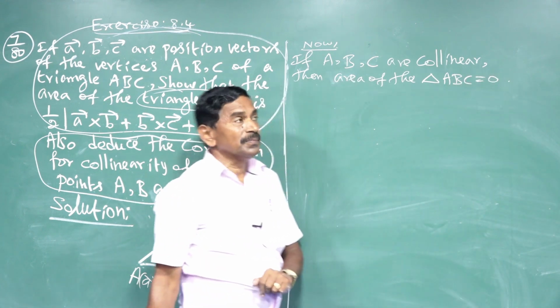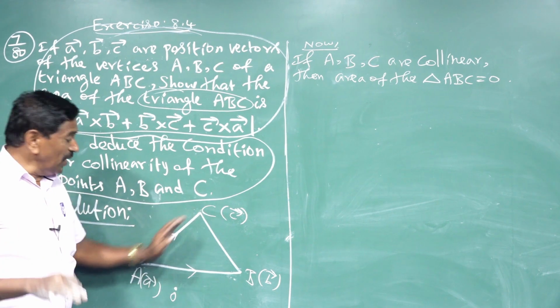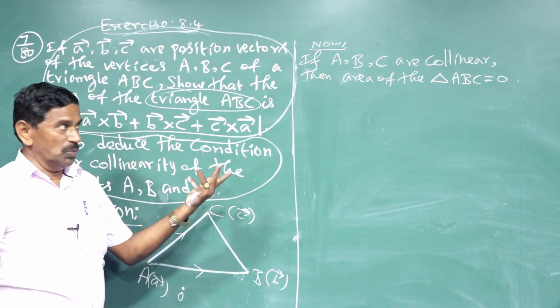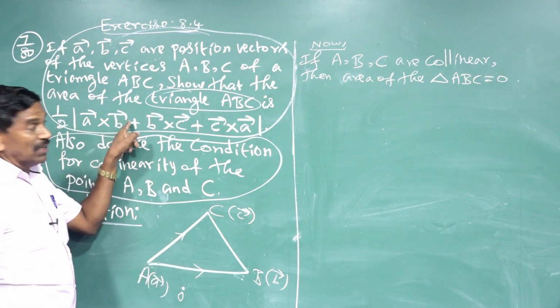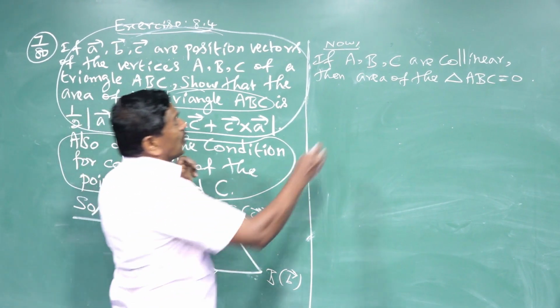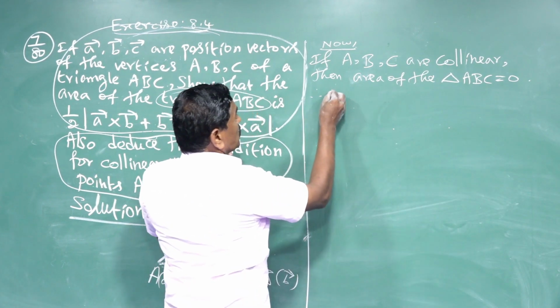That's all. If A, B, C are collinear, then area of the triangle ABC equal to 0. Okay. See, already area of the triangle ABC answer we completed. Okay. Now, therefore, area of the triangle ABC equal to 0.